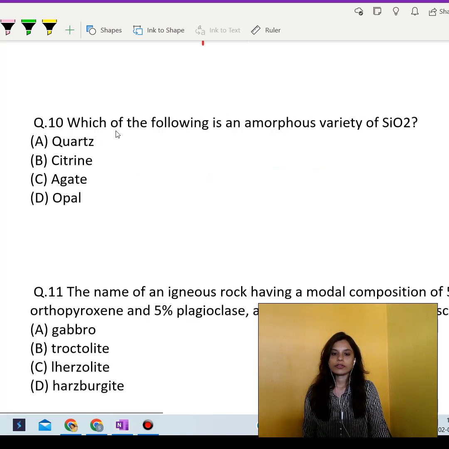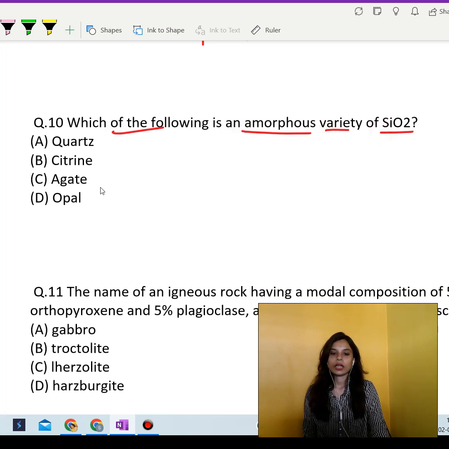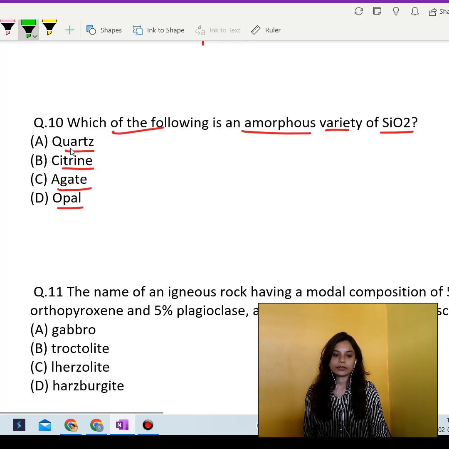Okay, next question. Which of the following is an amorphous variety of SiO2? Over here, let's discuss these quartz, citrine, and agate and opal. Okay, let's talk about quartz, citrine, and agate.